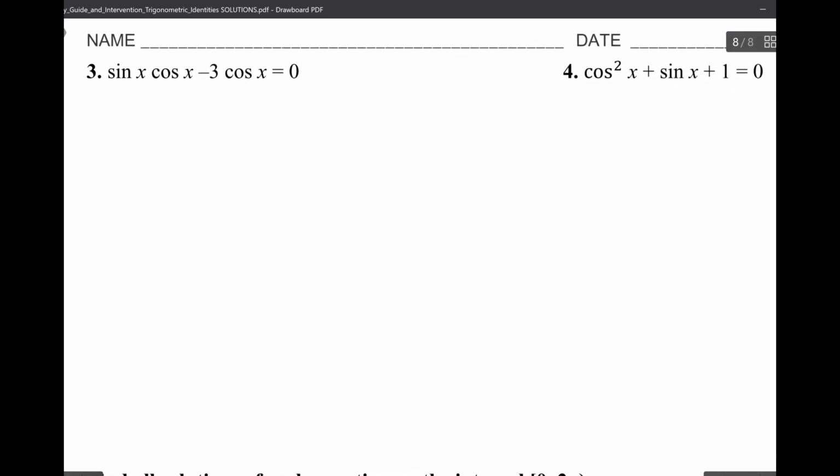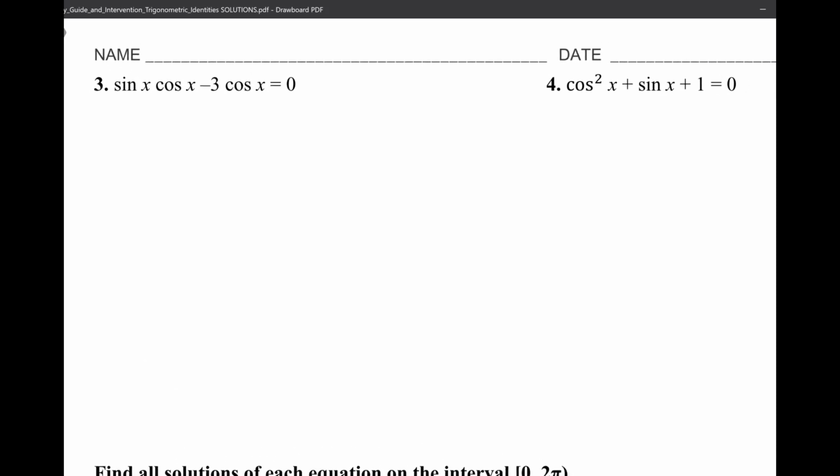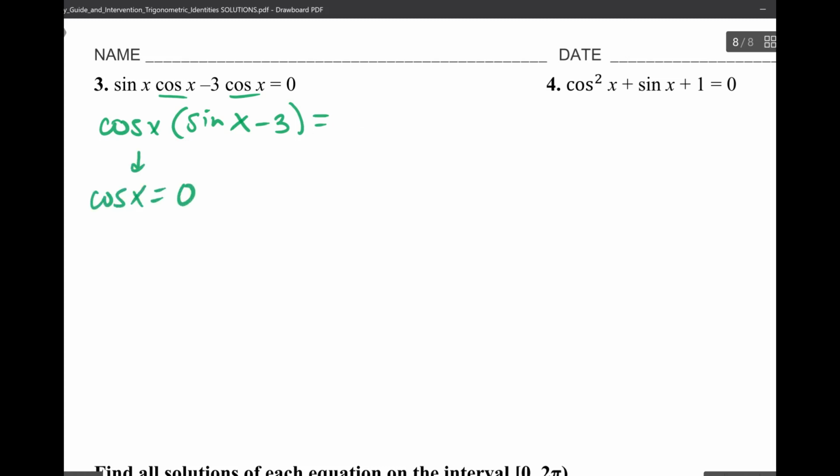So I want you to try out this next problem, and I will pause it here to work out the first part. You want to pull out a cosine x because that's a common term. So I have cosine of x times sine of x minus 3 equals 0. So I'll set cosine of x equal to 0. Where is cosine equal to 0?